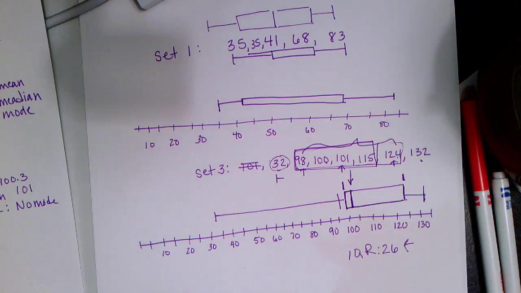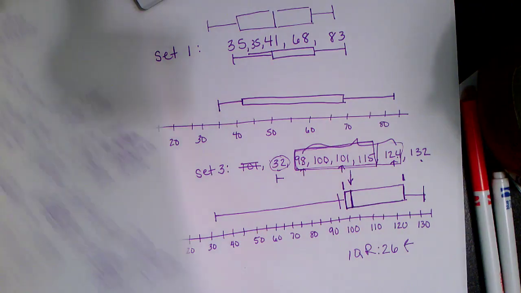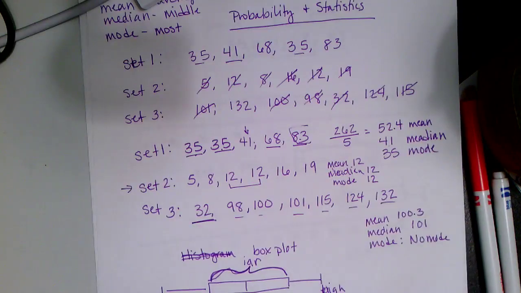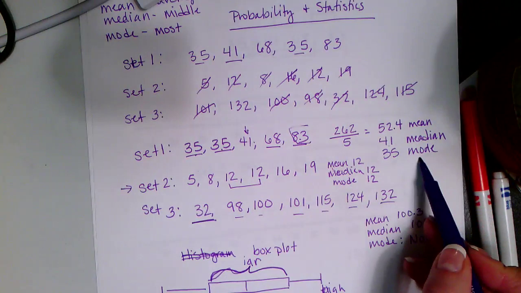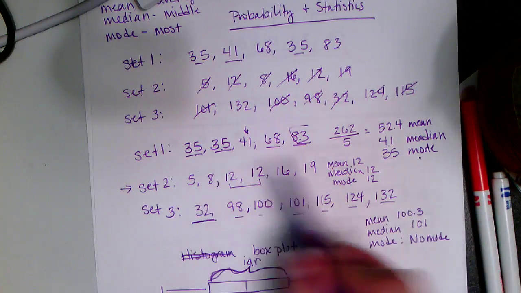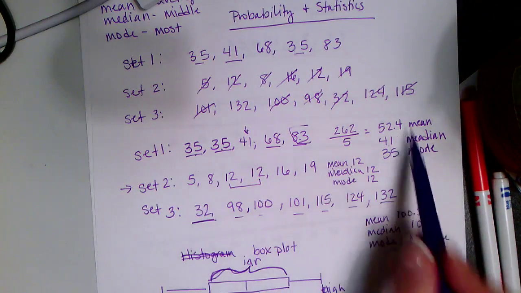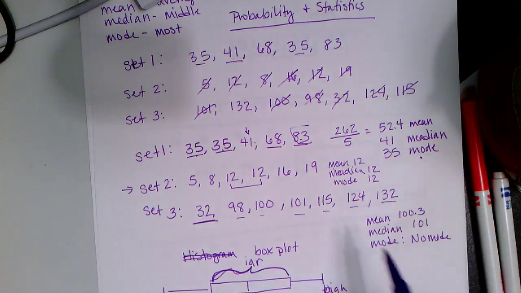The biggest things to remember again, mean, median, and mode. Put them in order. What do each of these mean? And then how can you interpret it to the problem, so what's happening, okay?